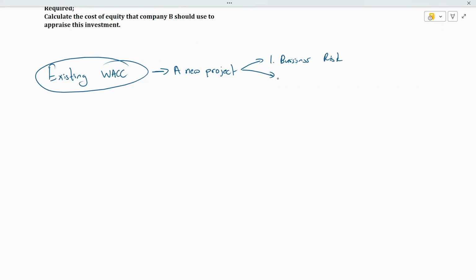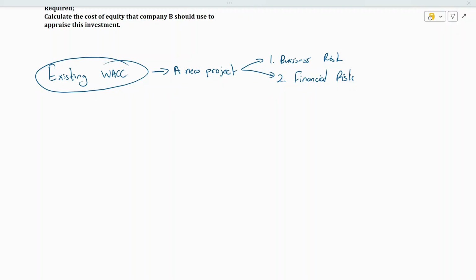The second scenario is if the company's financial risk remains the same. So if the company's business risk and financial risk are not changing, in such a scenario, we can use the company's existing WACC to appraise a new project.